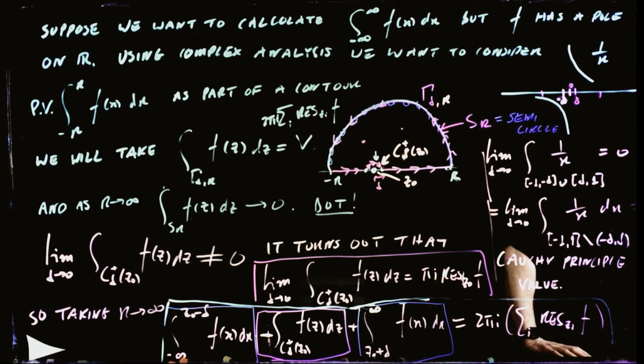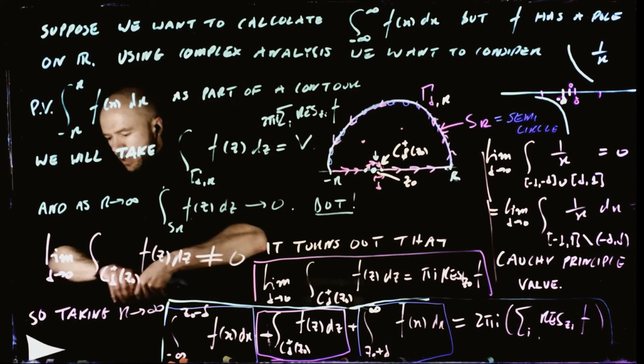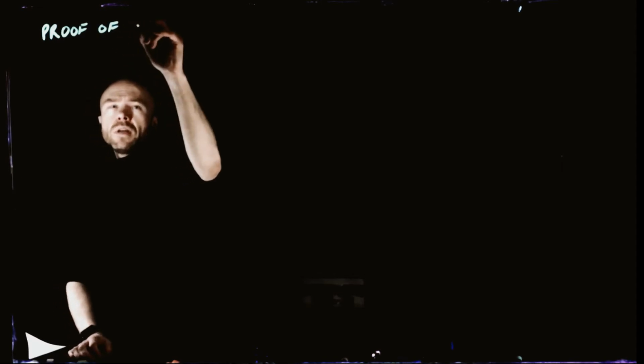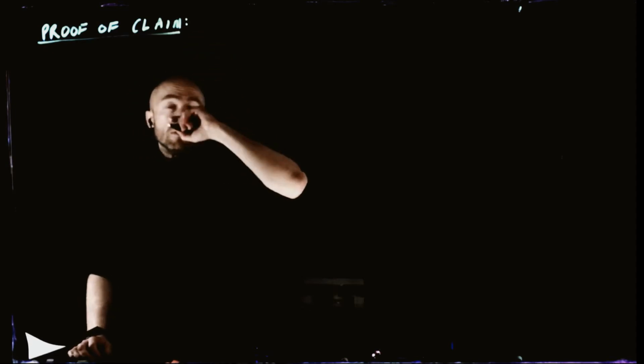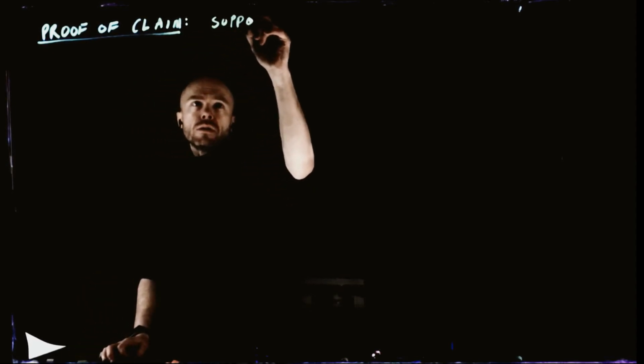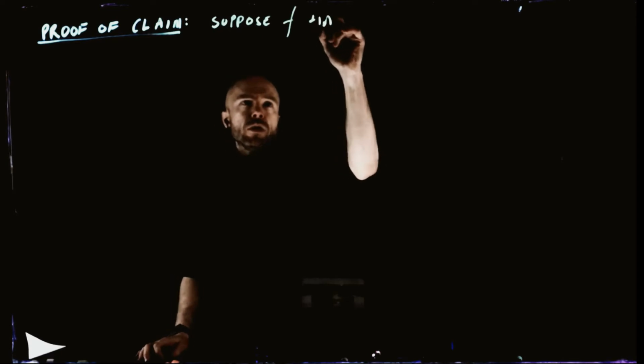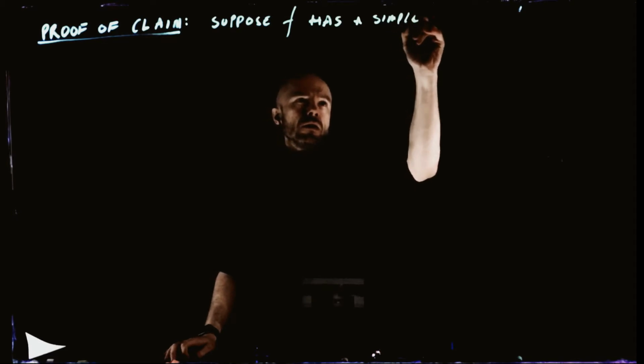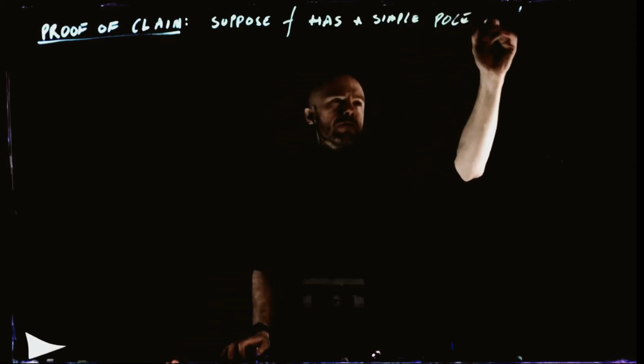There's no space, so let's erase the board and show you the thing I claimed. Claim: suppose f has a simple pole at z0.